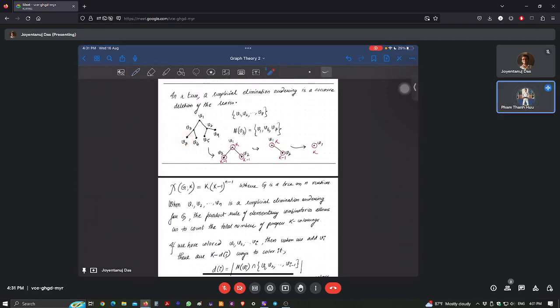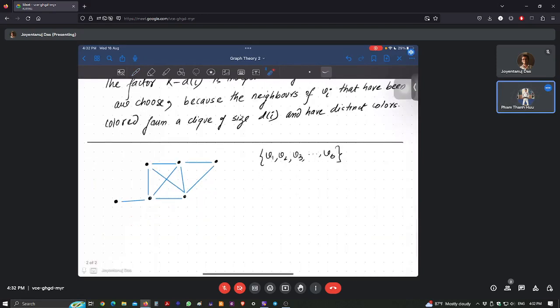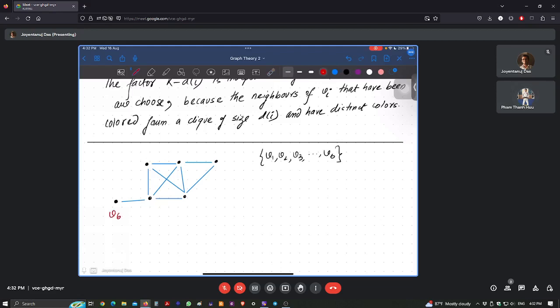Which one is in the left bottom? Let us try it. So this is v6. We delete it, and it is still correct, because if I delete v6, its neighbor is only a single vertex, so it is a clique. Then that is v5.